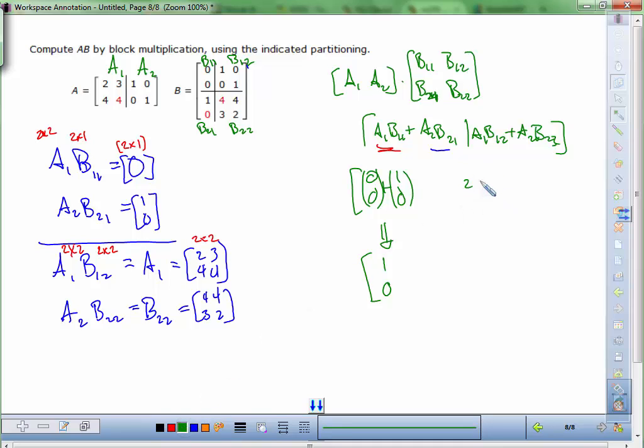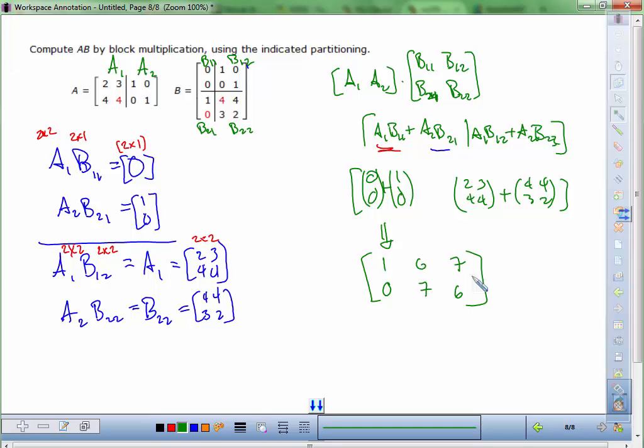We got 2, 3, 4, 4 plus 4, 4, 3, 2. And then we add those two, we get 2 plus 4 is 6, 3 and 4 is 7, 7 and 6. So that's my final matrix.